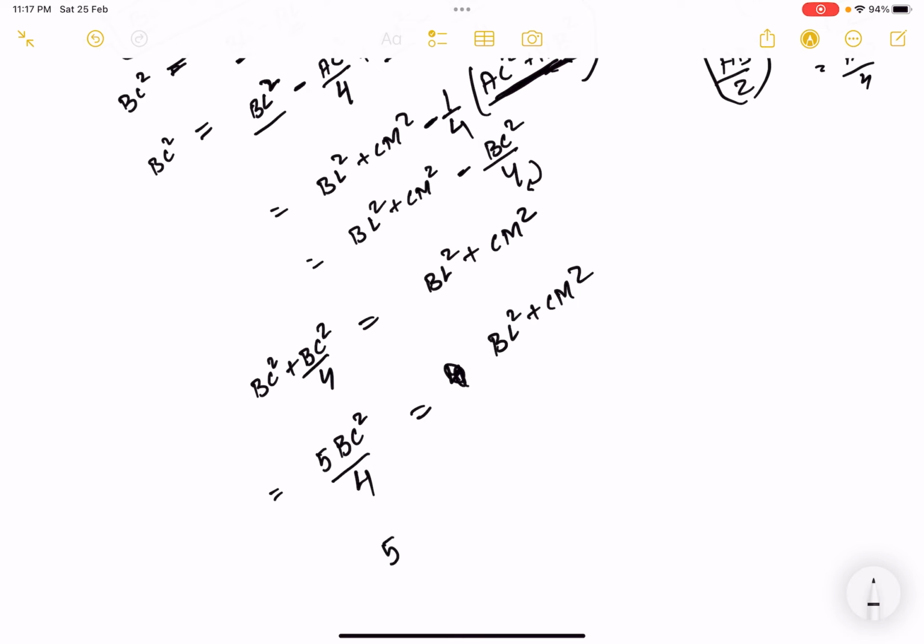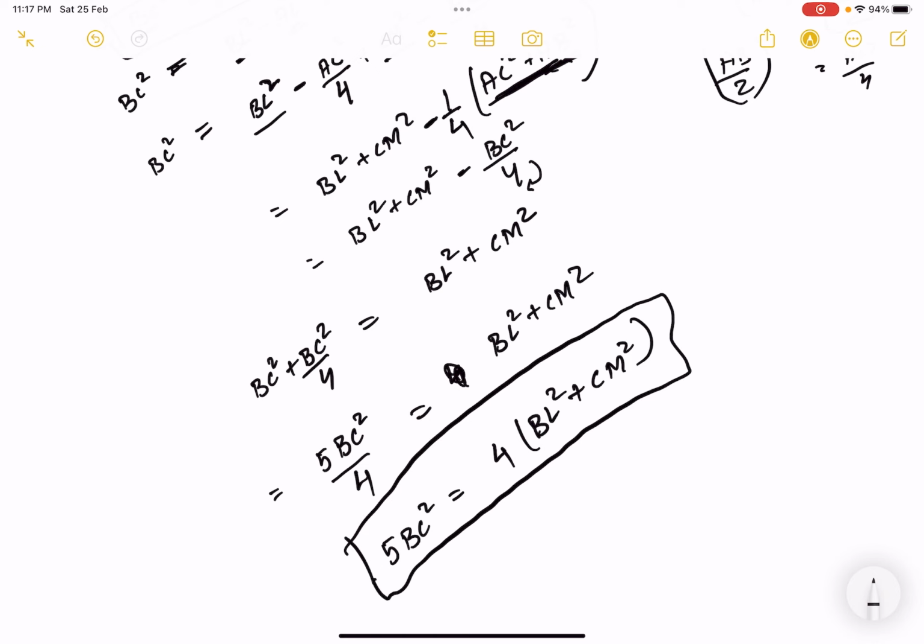We will have 5 BC square is equal to 4 times BL square plus CM square. So we have proved our final result. Hence, proved.